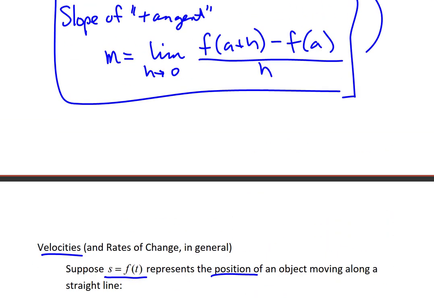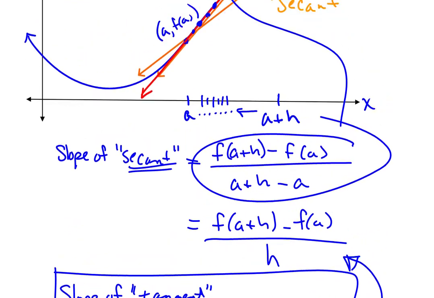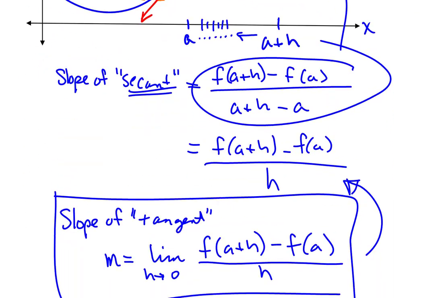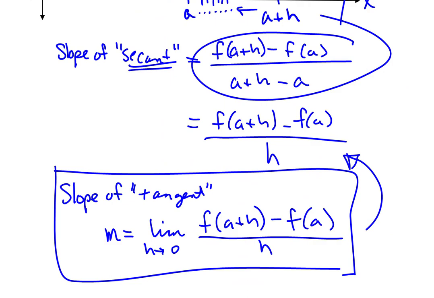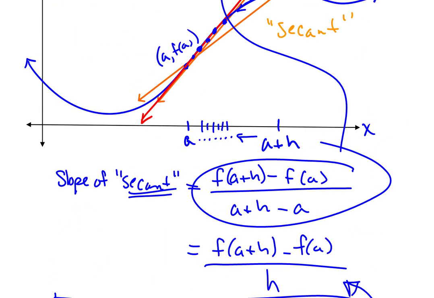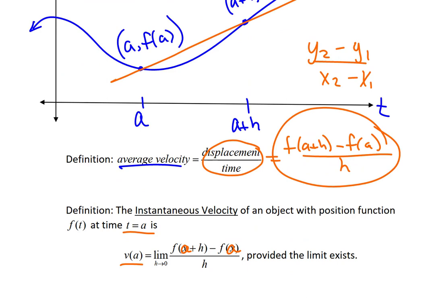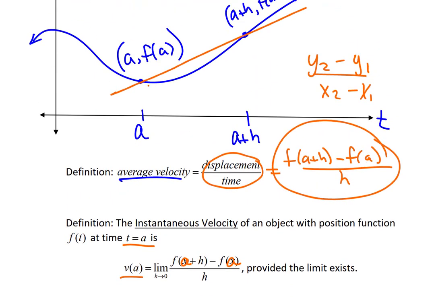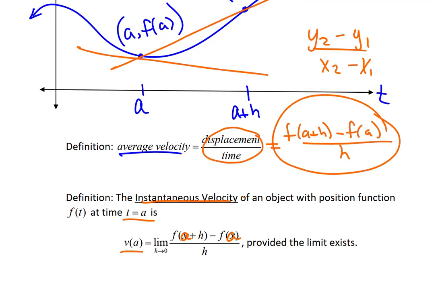But then even previously, we saw in the case of understanding the slope of a tangent line, that if you add the limit where h is approaching 0, then you're kind of shrinking these 2 points down to 1. And in the application of velocity, if you're down to a single point, that would give you the slope of the tangent line right at that value a, which is what we could call the instantaneous velocity of this object.